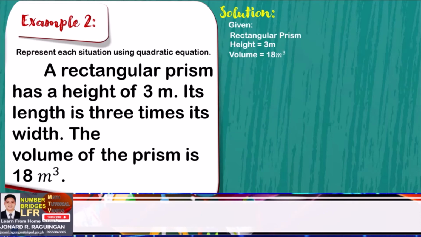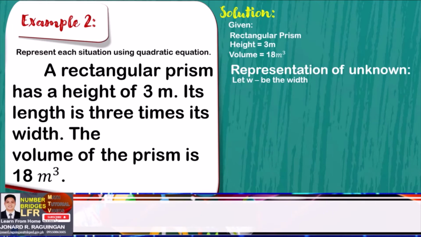Then after identifying the given, we are going to represent the unknown. Let W be the width and 3W be the length, since the length is 3 times the width stated in the problem.